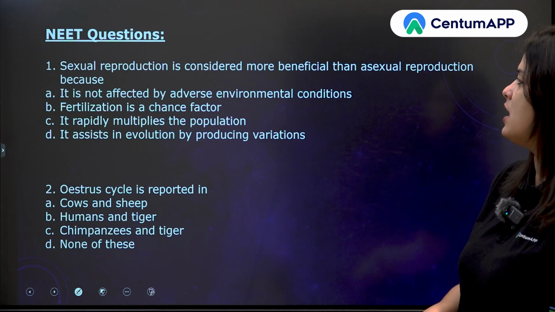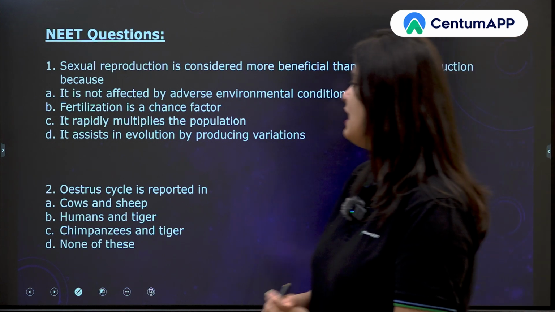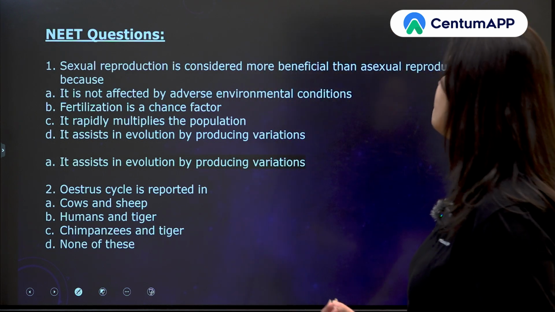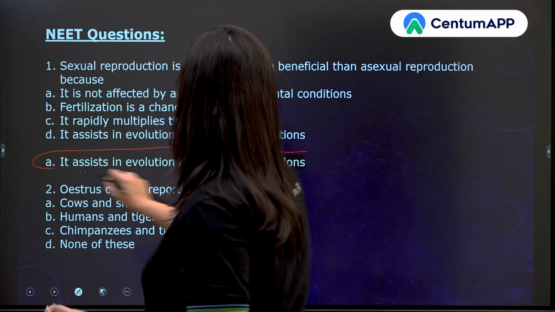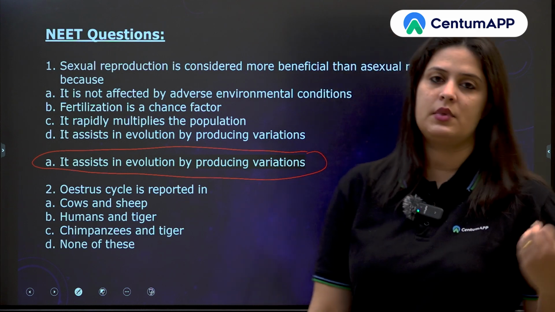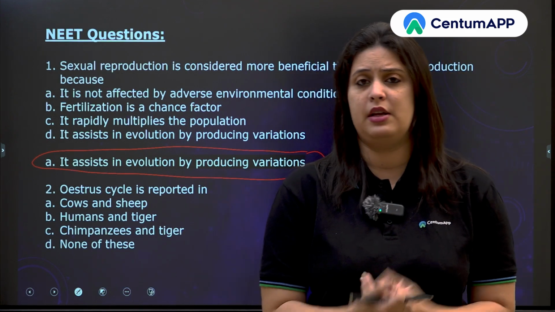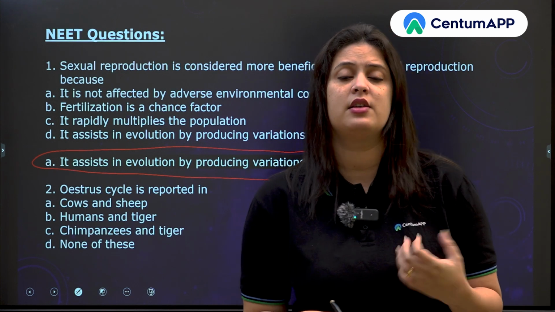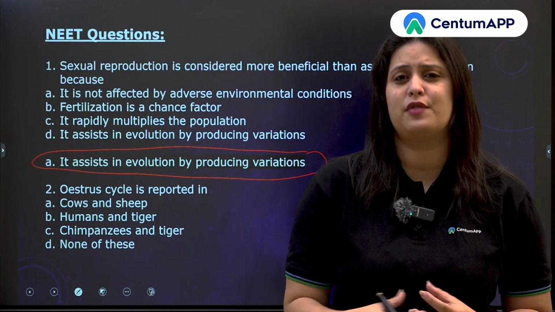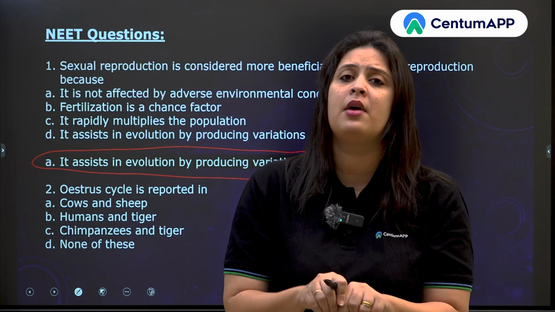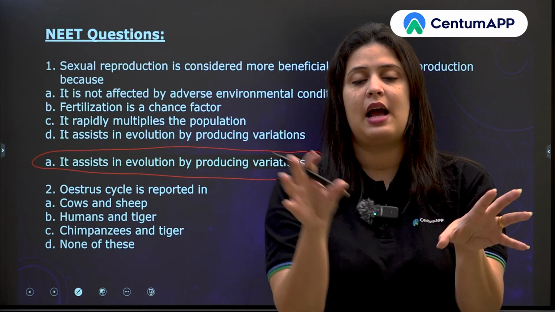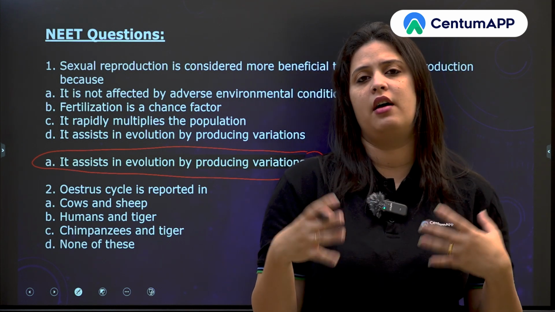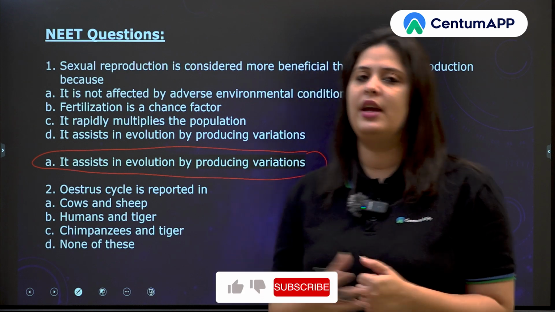Sexual reproduction is considered more beneficial than asexual reproduction because it assists in evolution by producing variations. When two different human beings or two different species of organisms come together, there is variation in the offspring. When two individuals come together, the offspring has a mixture of two different individuals. So here there is development, evolution, and variation.